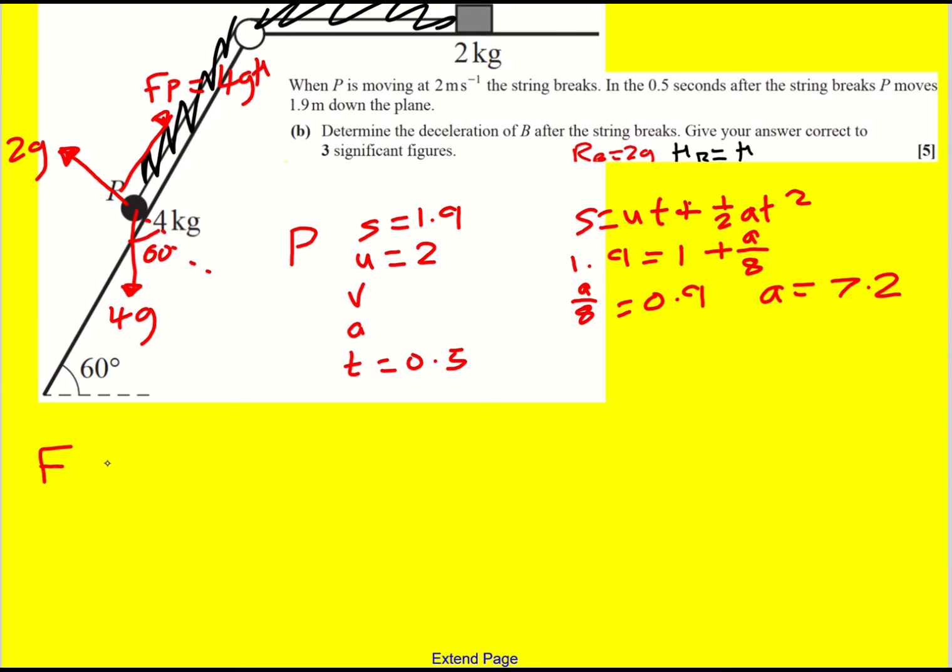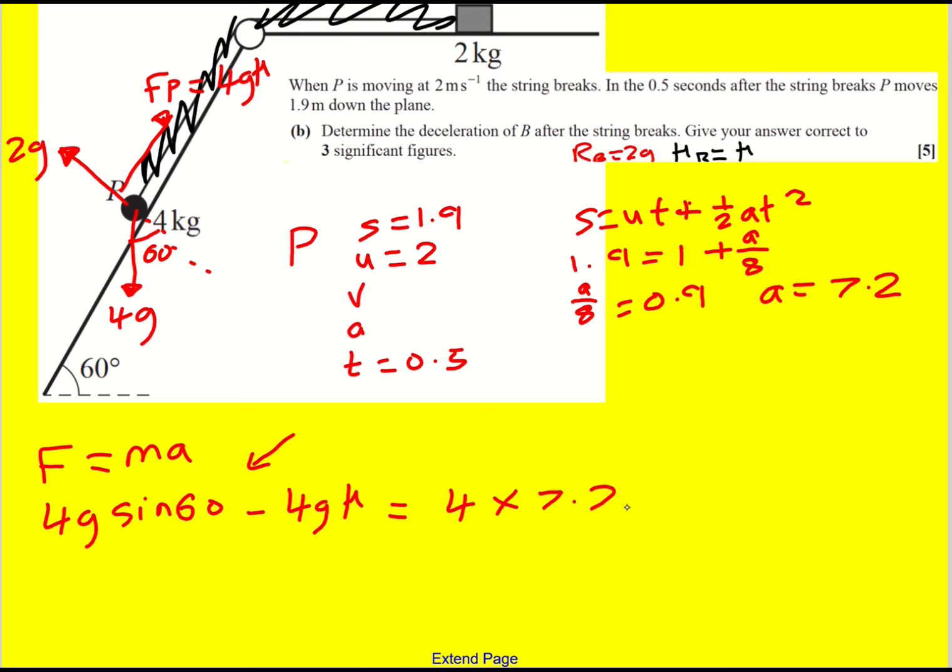So I can consider P again and do F equals ma acting down the slope. And we know everything apart from mu. So that's what we're going to find. It's going to be 4g sine 60 minus 4g mu equal to 4 times the 7.2 that I just calculated. I can actually just cancel out those 4's. Sine 60 is root 3 over 2. So root 3 over 2 g minus g mu is going to equal 7.2.